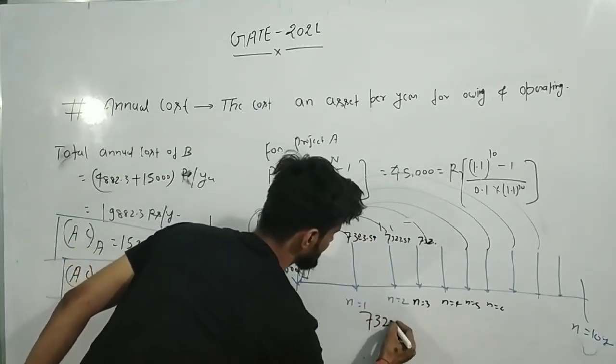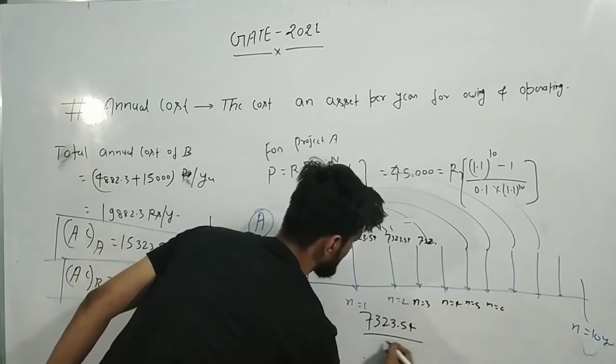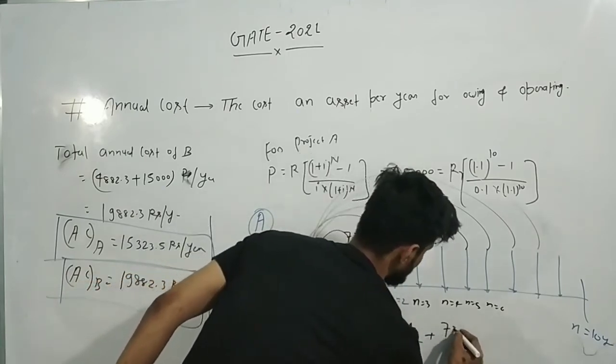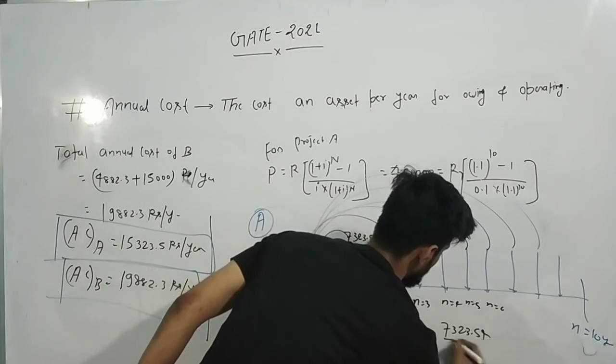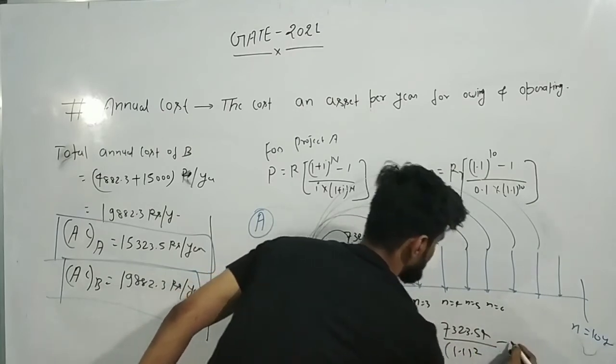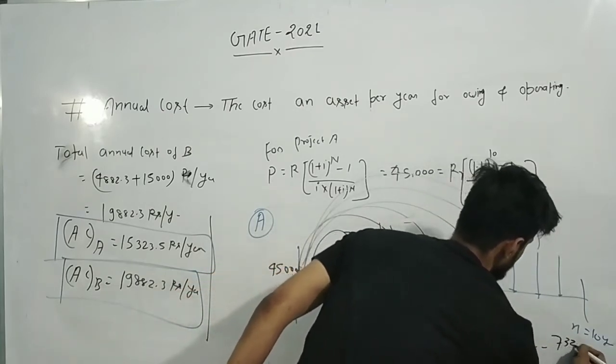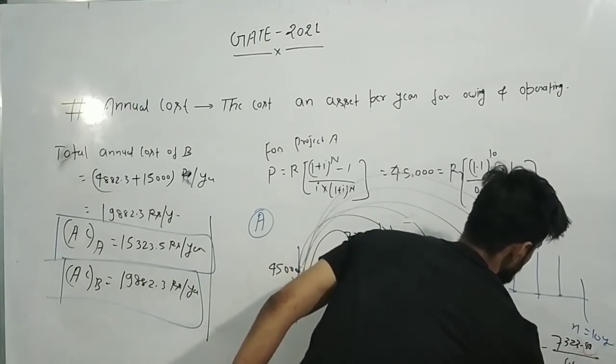Here you will get 7323.54 upon 1.1 plus 7323.54 upon 1.1 whole square plus and so on, up to 7323.54 upon 1.1 whole to the power 10.